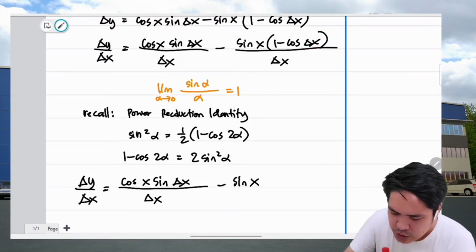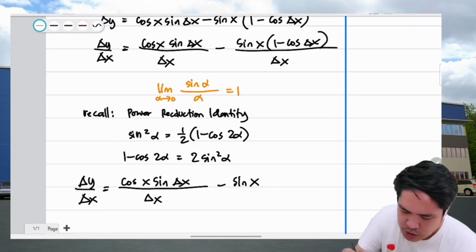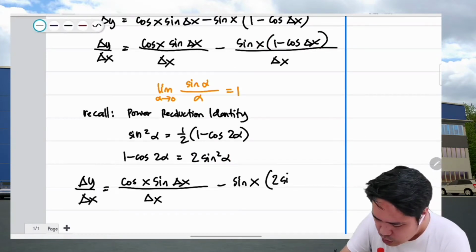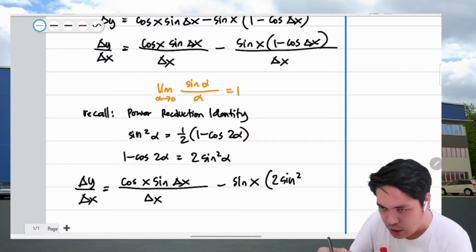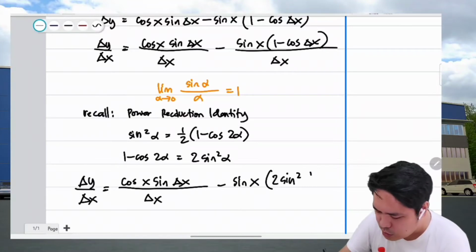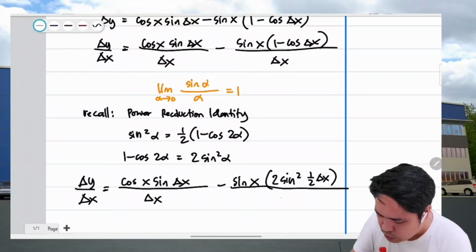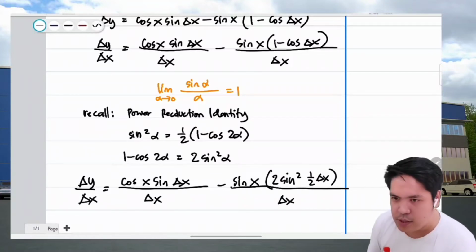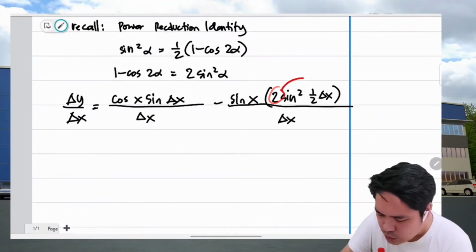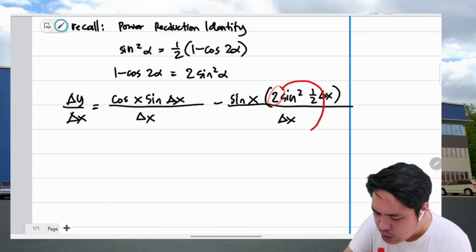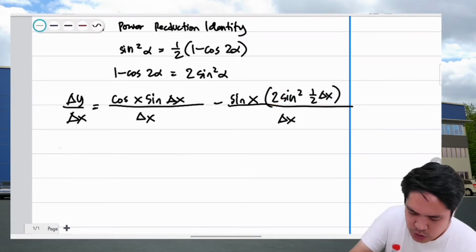Writing it similar to this, that would become 2 sine squared, where alpha is half of delta x, over delta x. And this 2 we can transfer to the denominator of the denominator. That's just simple algebra.